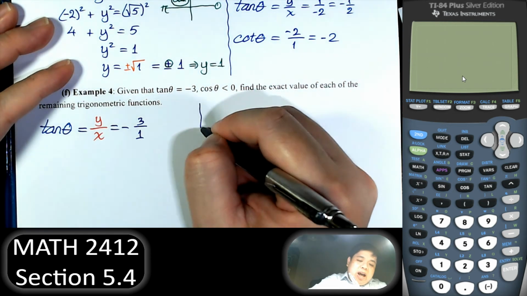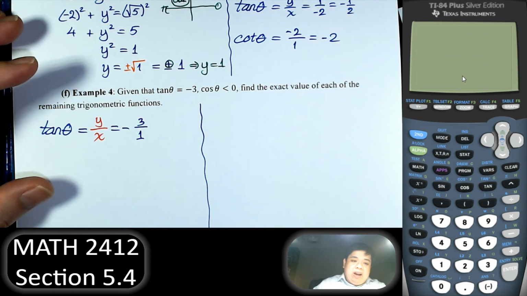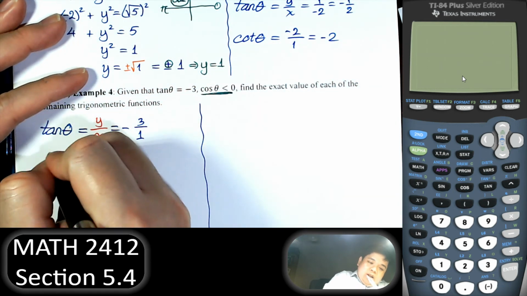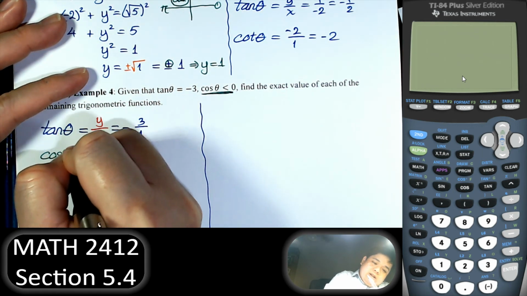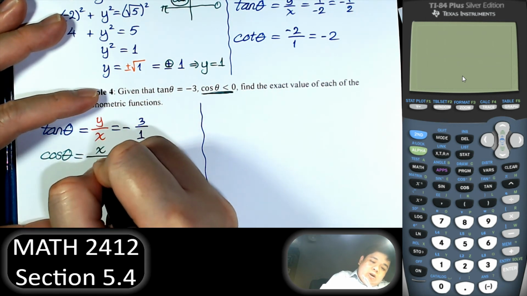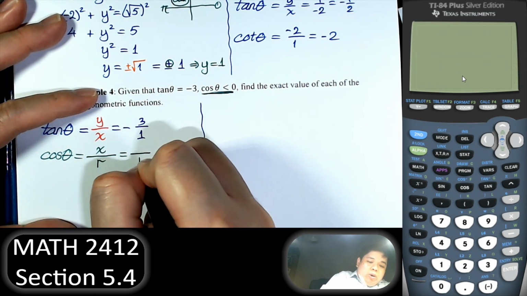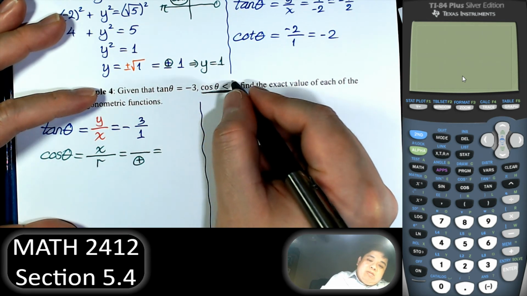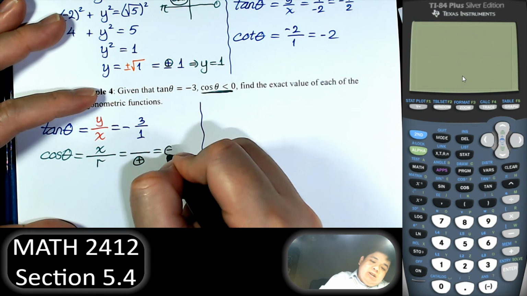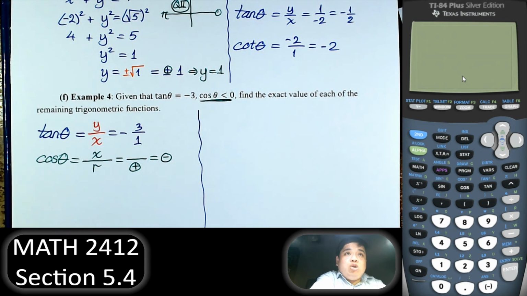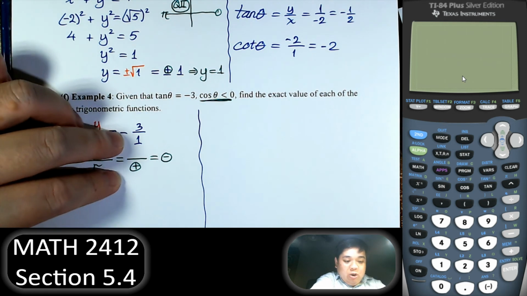To determine that, we have cosine is negative. So what is cosine? X over r, right? And r is always positive. And when we divide them, the ratio is negative, the ratio is less than 0. Now, what does x have to be so that the ratio will be negative?